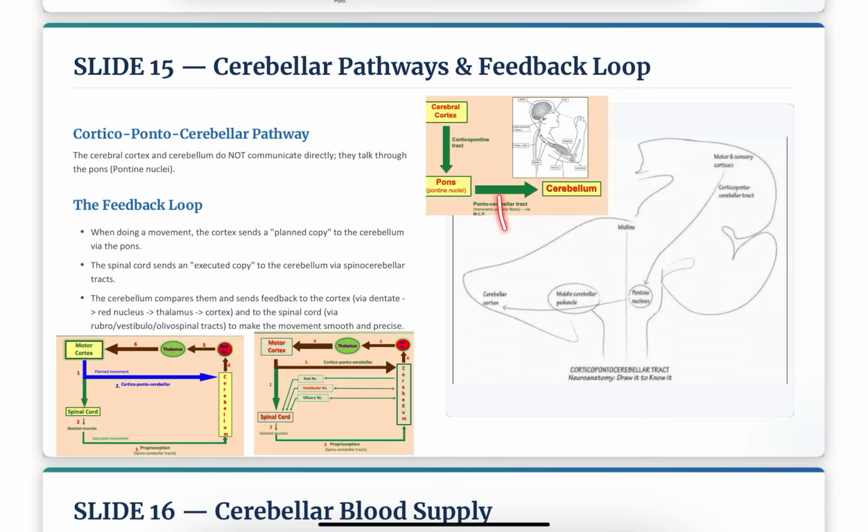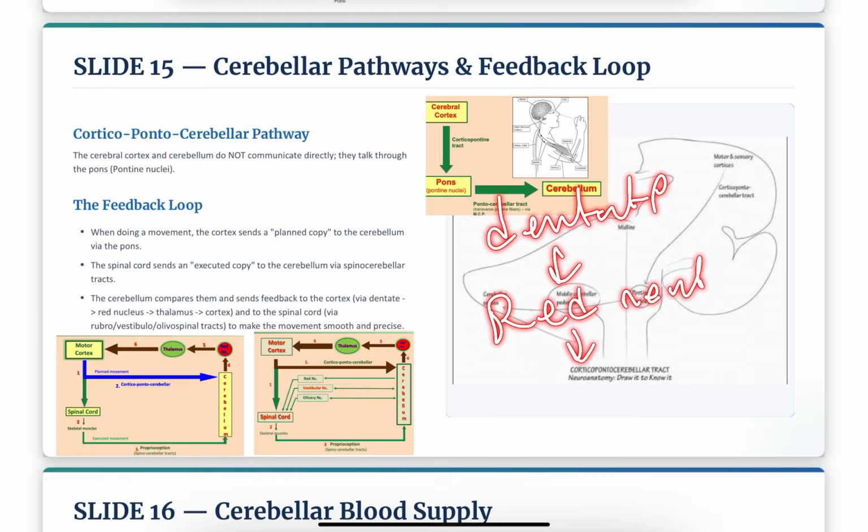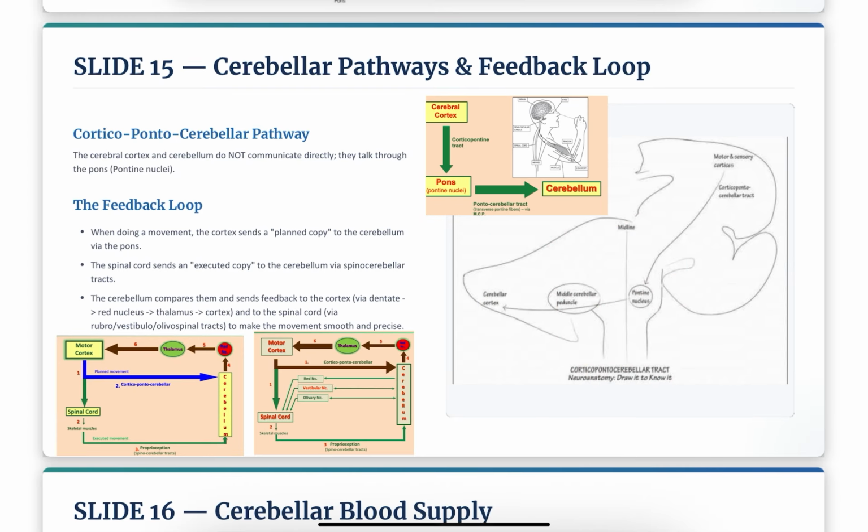The pathway is through the dentate, then the red nucleus, then the thalamus, and then the cortex. So this is its response to the first one, the cerebral cortex. We said these four steps.